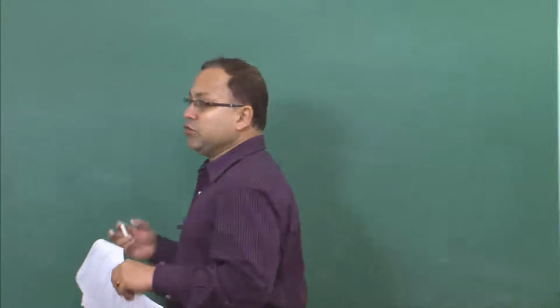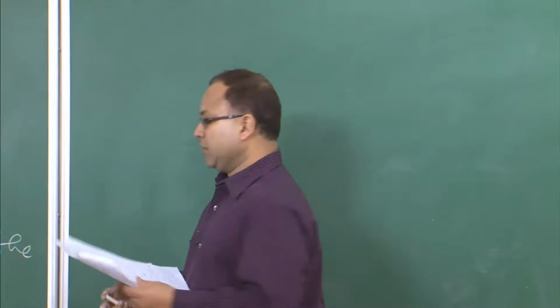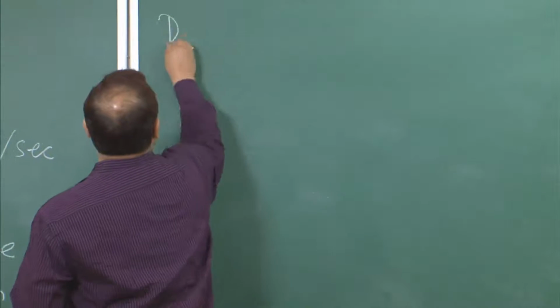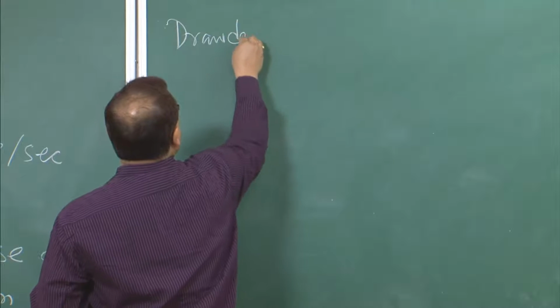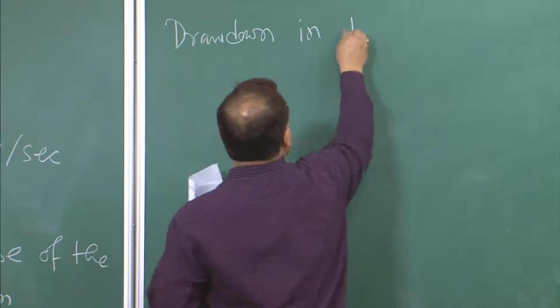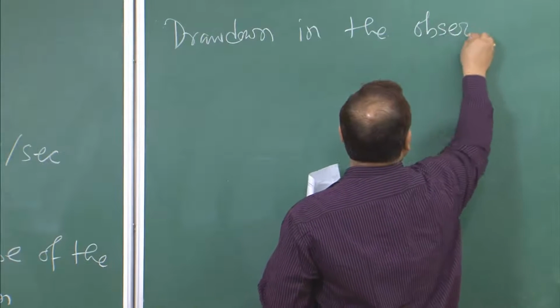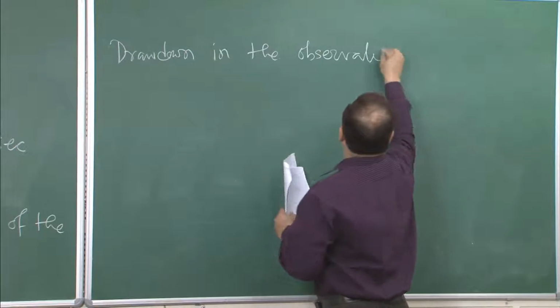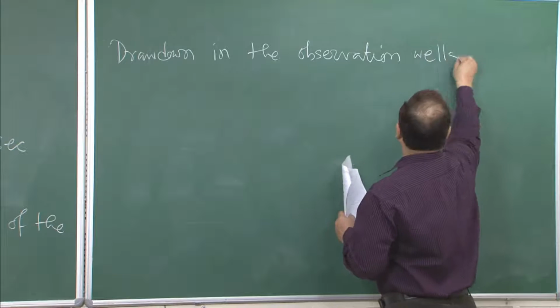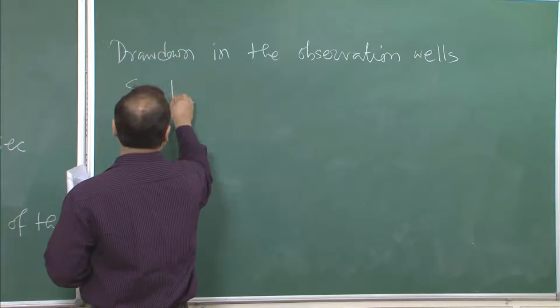Now, you started pumping and you consider the steady state is reached. So, the drawdown after pumping out the water in the observation wells is given as S1 is 1.27.